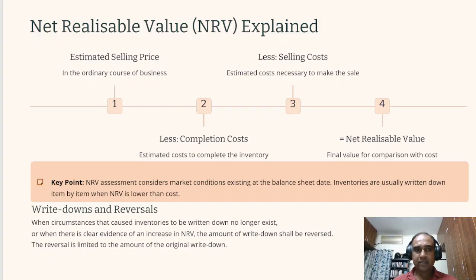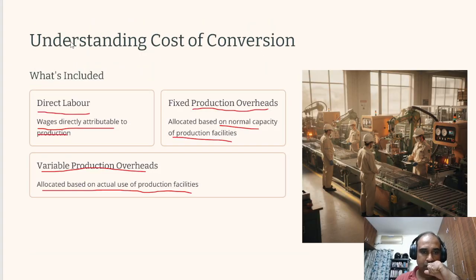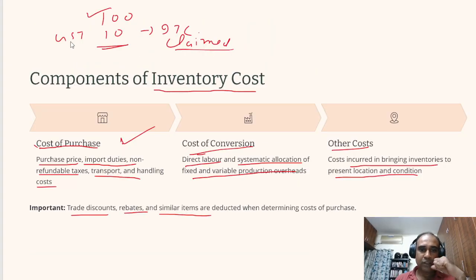This is very important, guys. Net realizable value. We discussed two components, right? The inventory has to be valued at cost or at net realizable value, whichever is lower. So we discussed the cost. Going back to the cost, what are the components of cost? It contains the purchase cost, the cost of conversion, and other costs.